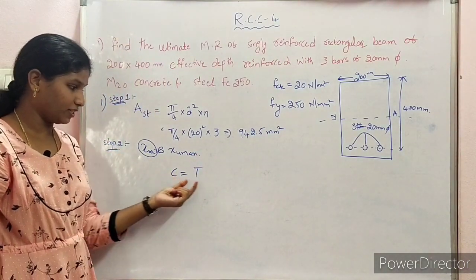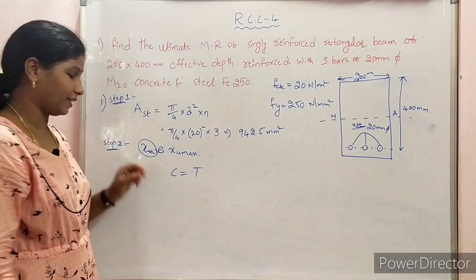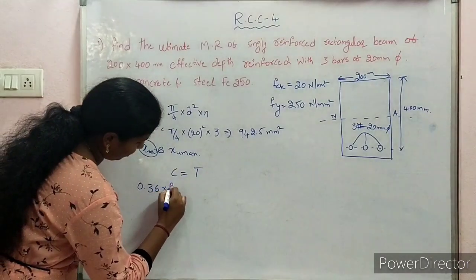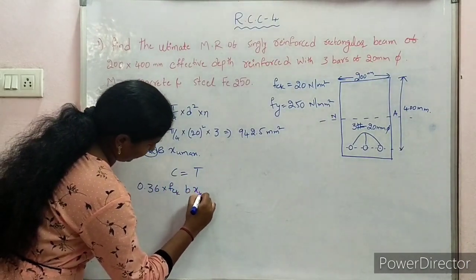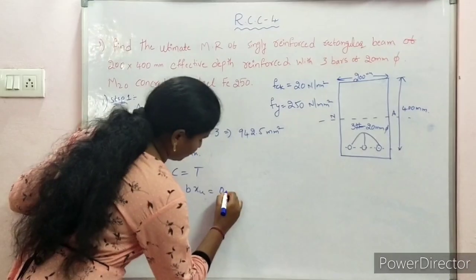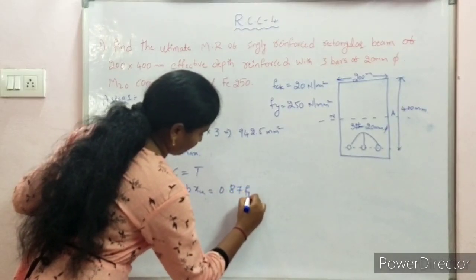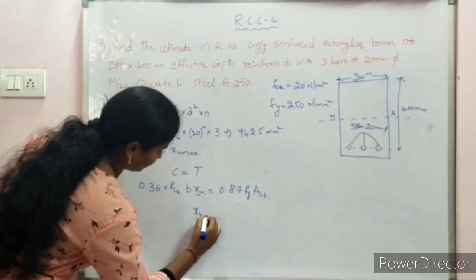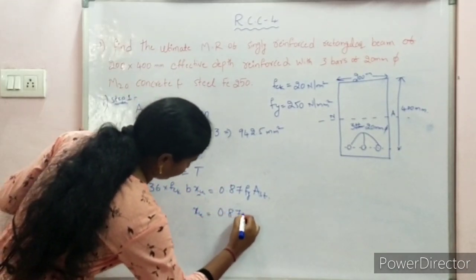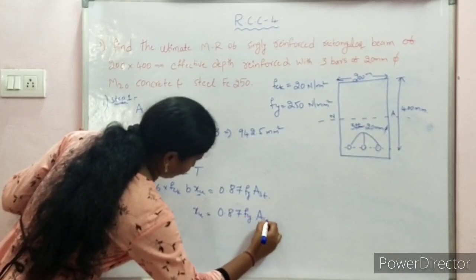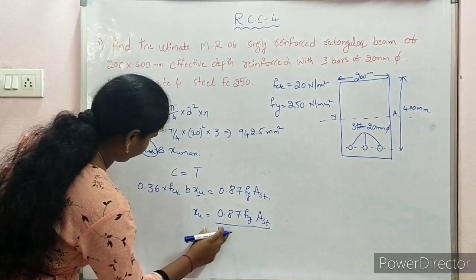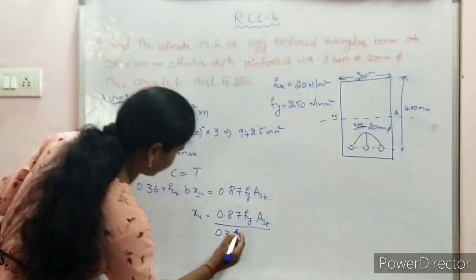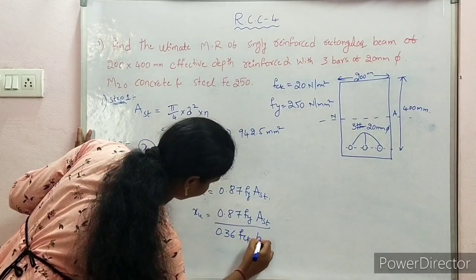Compression force is 0.36 into FCK into B into XU. Tension force is 0.87 FY into AST. So XU is equal to 0.87 FY AST divided by 0.36 into FCK into B.